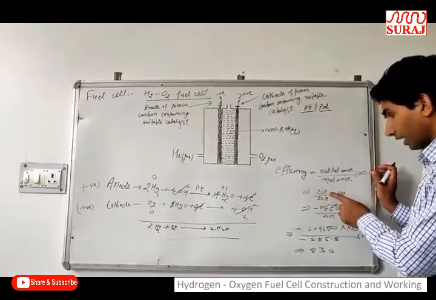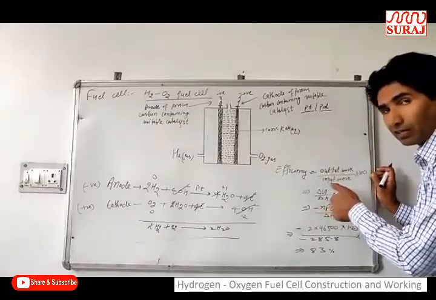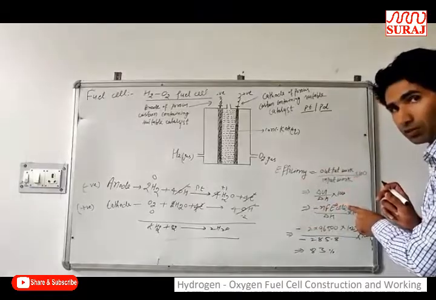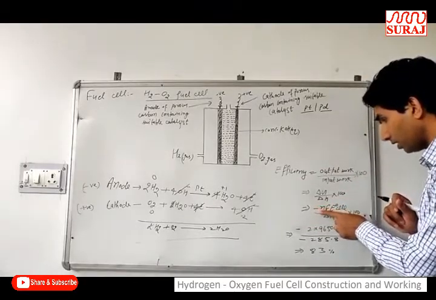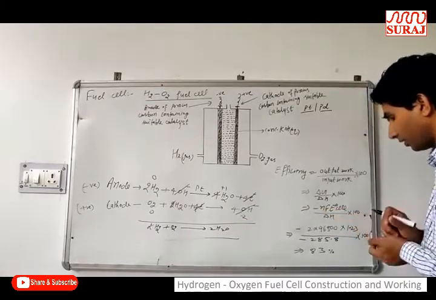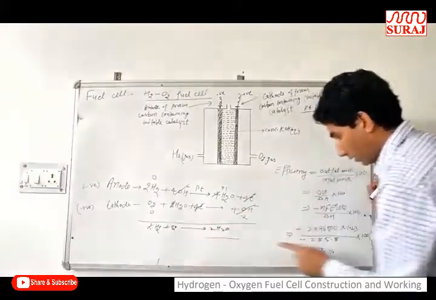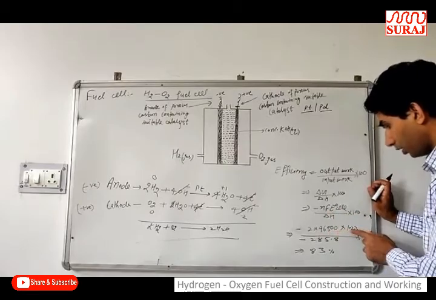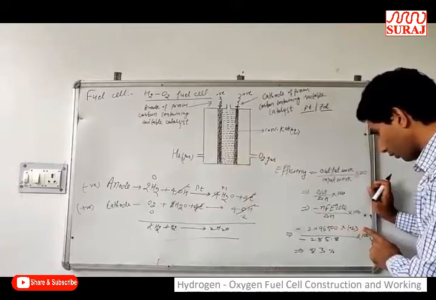And we know delta G is useful work, and useful work is electrical work, and electrical work is charge into potential. We have discussed this equation in previous videos also. So delta G becomes minus nFE° of cell upon delta H into 100. Number of electrons for 1 mole of water is 2, charge is 96500, the potential of this cell is 1.23 volt.